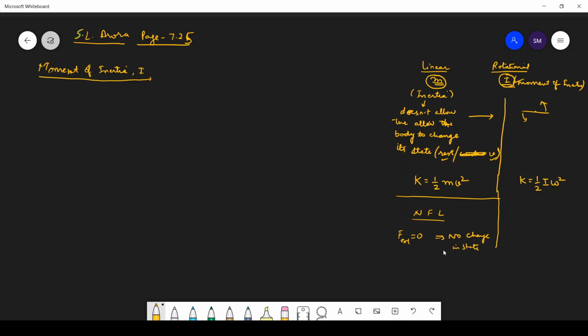Okay, so why is there no change in state? Who doesn't allow this change in state? It is the inertia that doesn't allow change in state.